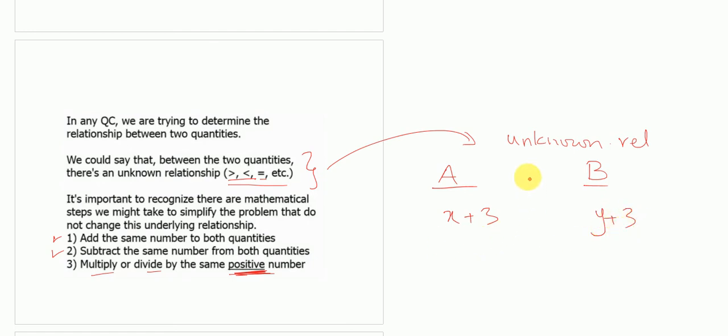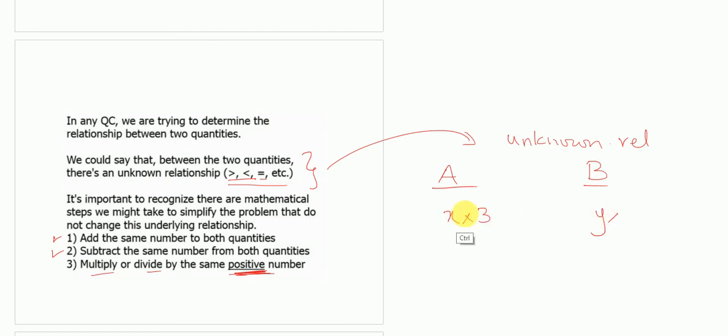The actual relationship, whatever it is between these two values, wouldn't change. Or I could subtract, let's say, 9 from both of these values, and the relationship wouldn't flip, it wouldn't change. I could also multiply both the sides by, let's say, 3, and once again the relationship wouldn't change. This is something that is allowed.